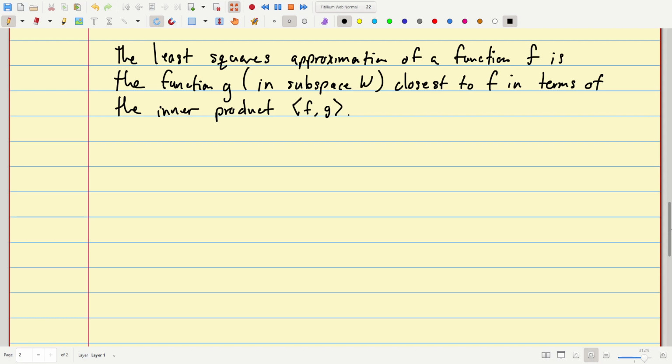So we have to ask ourselves a question about what's going on with inner products. Okay, geometrically, what does an inner product do? What is its purpose?